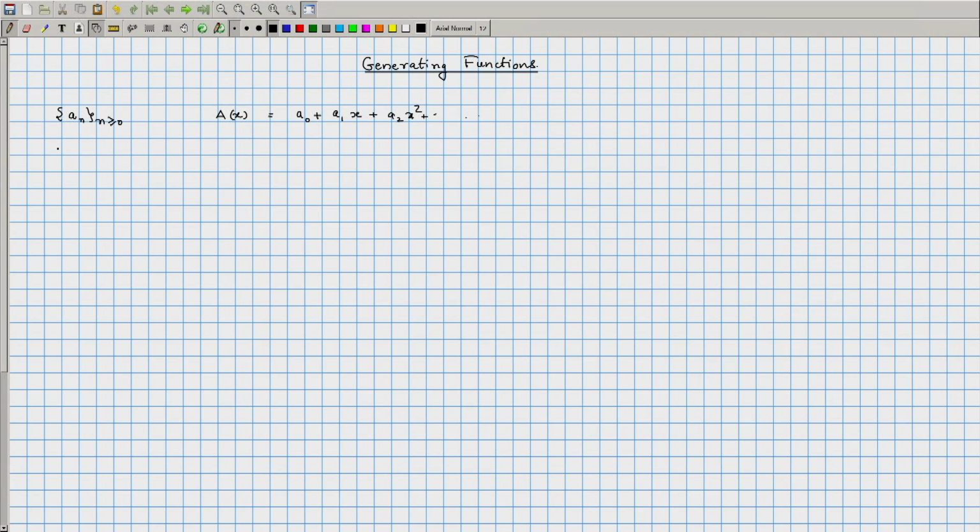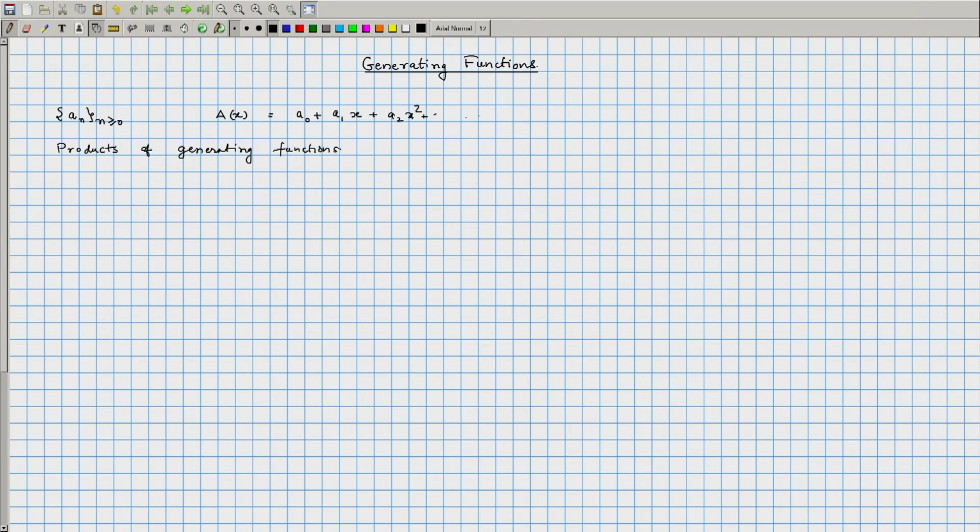In particular, we will look at products of generating functions and understand their significance from a combinatorial standpoint.